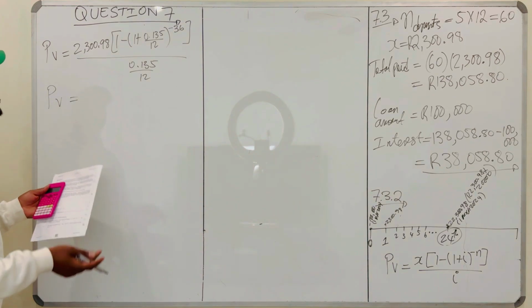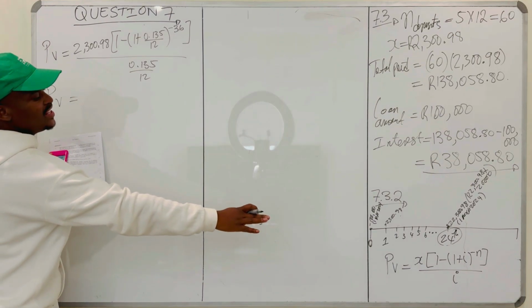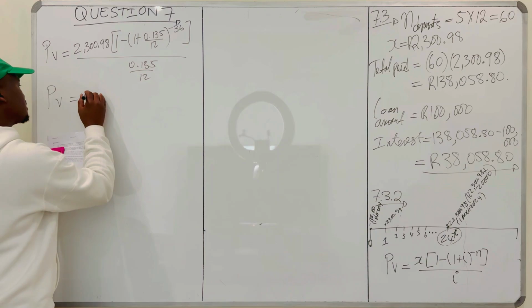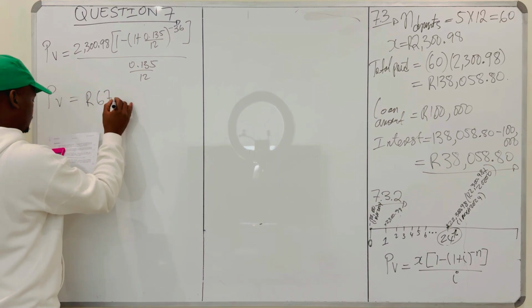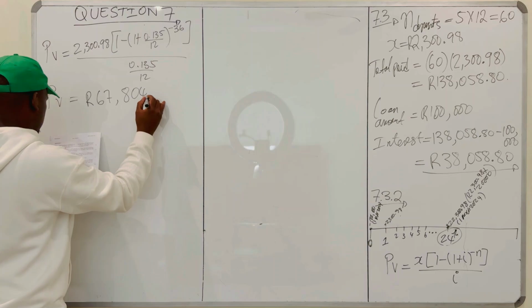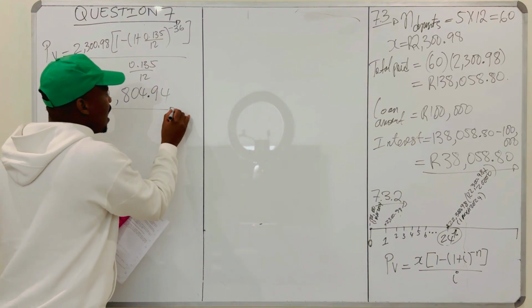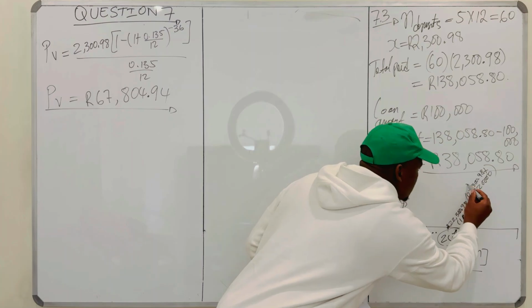Which means the balance of the loan after his 24th deposit was 67,804 rands 94 cents.